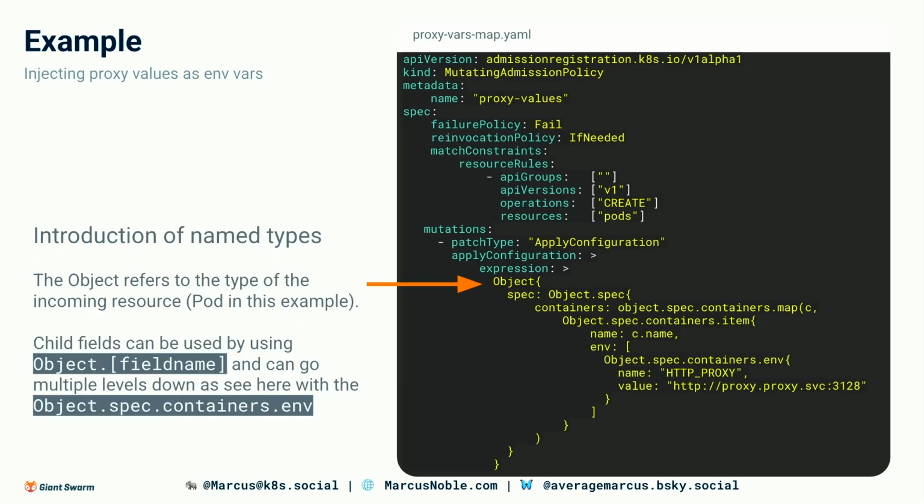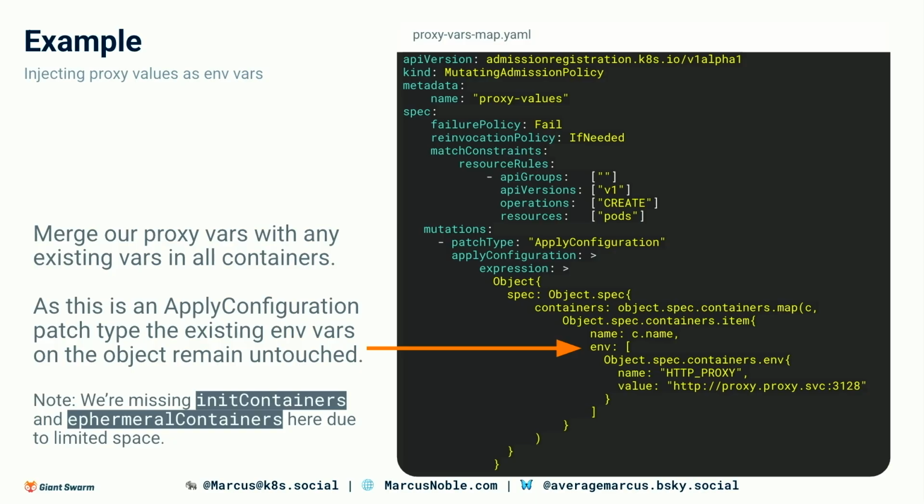What I do want to say is here we're mutating on top of spec.containers, and then again we're using a built-in function here, map, rather than all this time, to say we're mapping on top of all of those containers. And what we want to do is add in this new environment variable into the containers env property. So this will merge with whatever's already there, and we will inject this HTTP proxy with this made-up value.